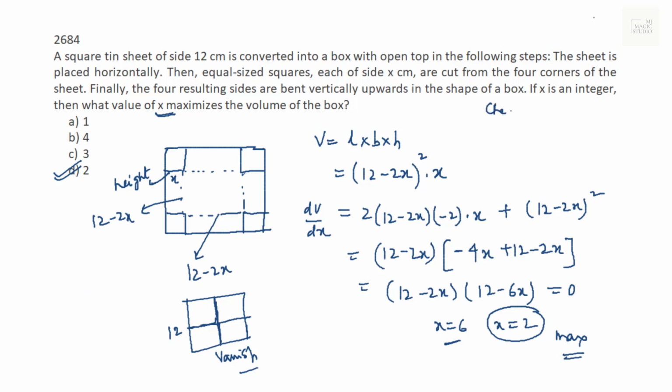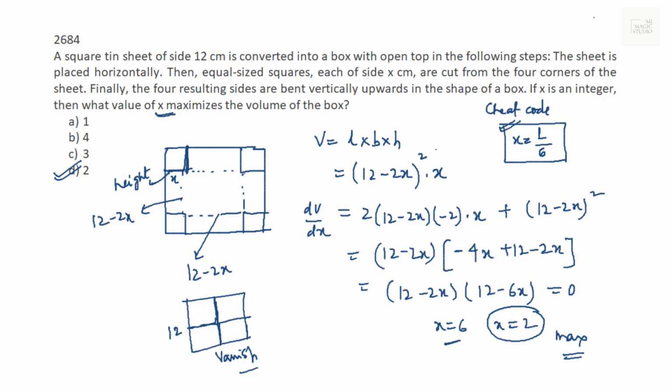Now there is a cheat code in these kind of questions. If a box making question is there, then the maximum length that should be cut out from the corners is always equal to the length of the square sheet divided by 6.